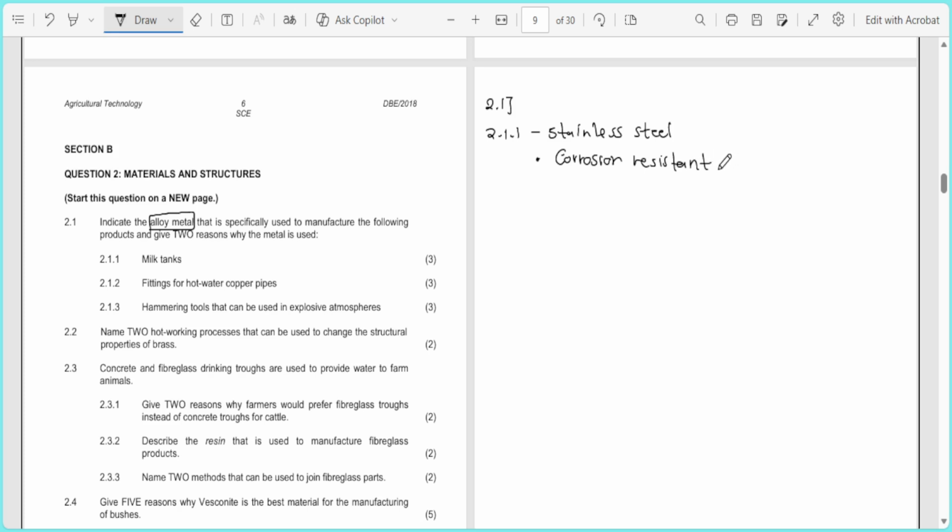Since the metal is going to be used for a milk tank, milk contains an acid called lactic acid, and the tank is often cleaned with chemical sterilizers, right?